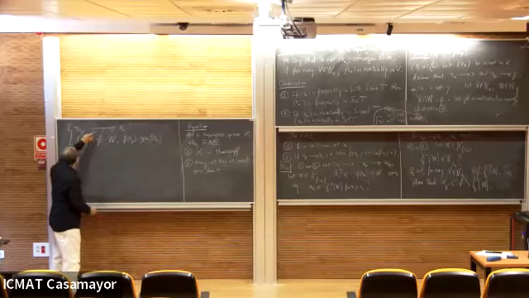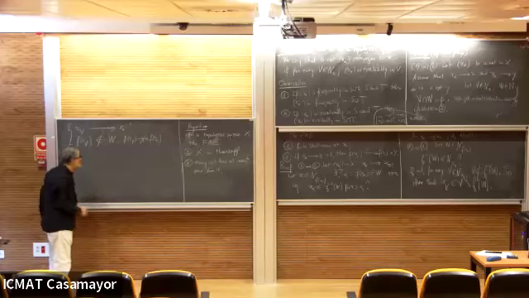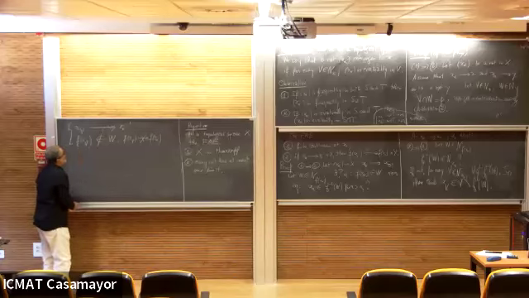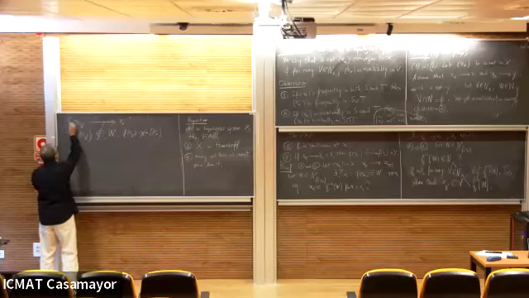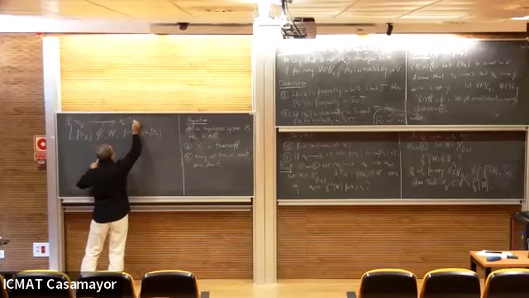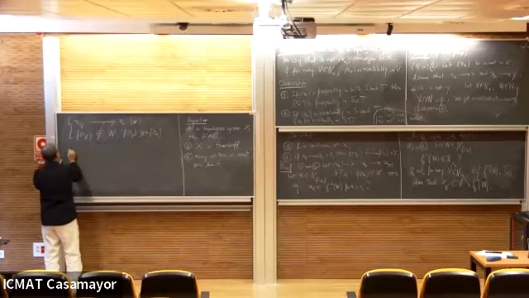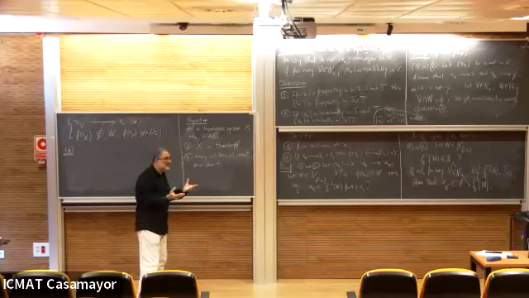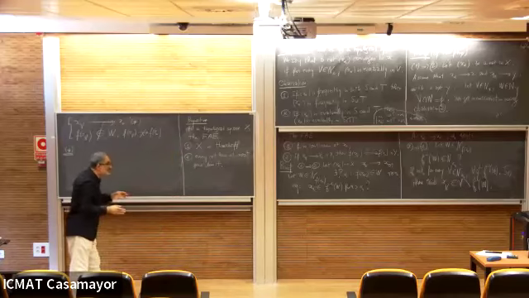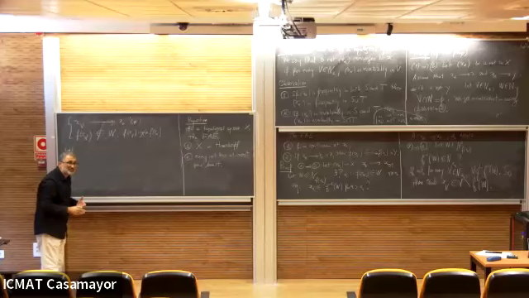The only thing that I didn't show was this one. This is a general fact, so I give the proof of this. If you take a neighborhood of x0 and you choose any element of this neighborhood called x_V, then x_V converges to x0.